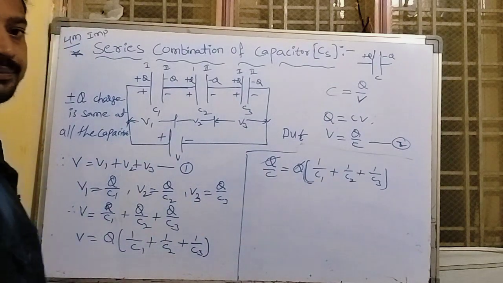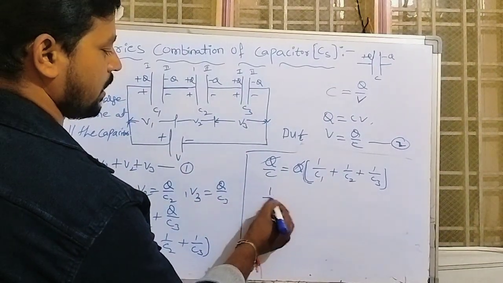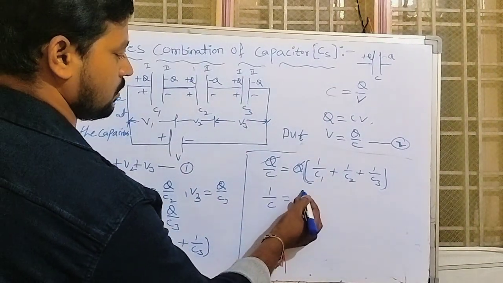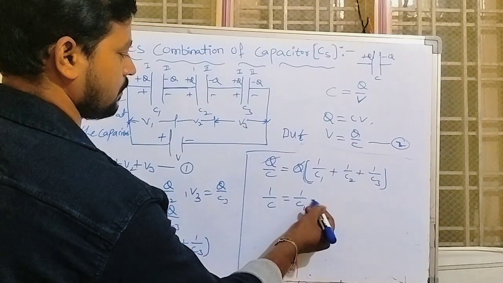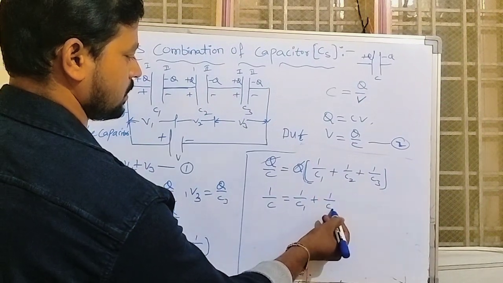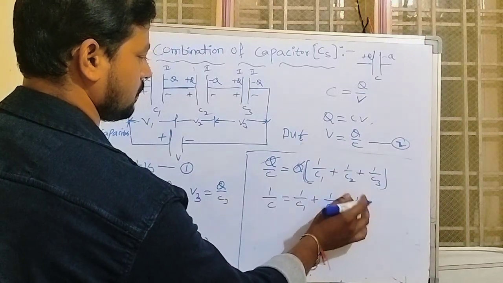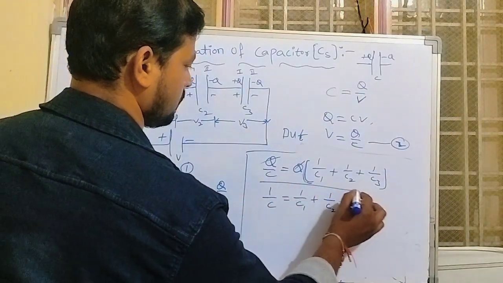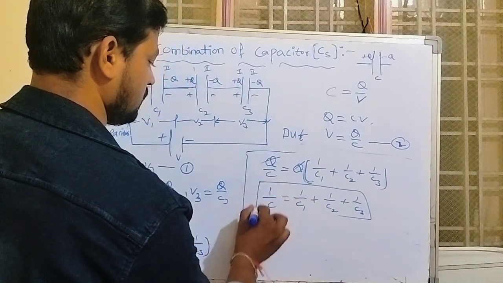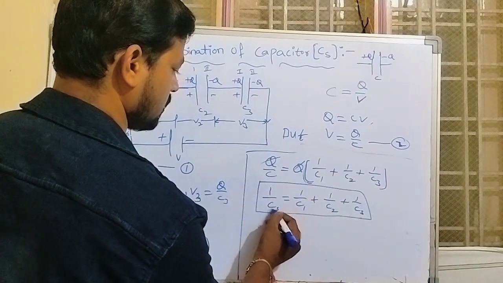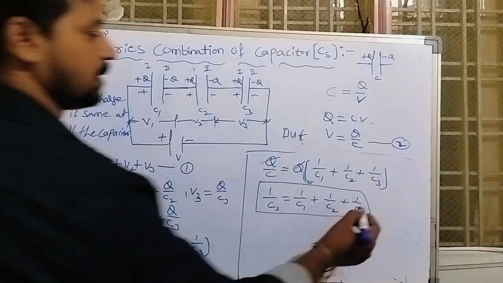Q is cancelled. The remaining term is 1 by C is equal to 1 by C1 plus 1 by C2 plus 1 by C3. This is the series combination of capacitors equation.